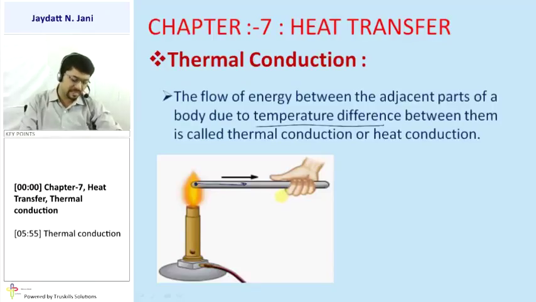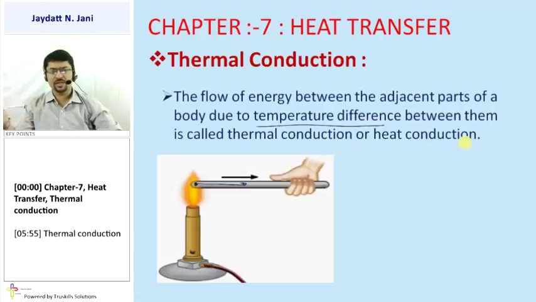So here we can see that the flow of energy between the adjacent parts of a body due to the temperature difference, that's the temperature difference that's important, between them is called thermal conduction or heat conduction. As we think about thermal conduction, it always takes place in solid material.